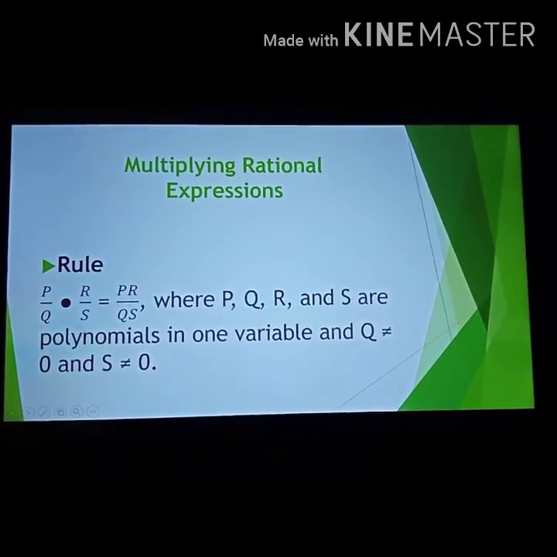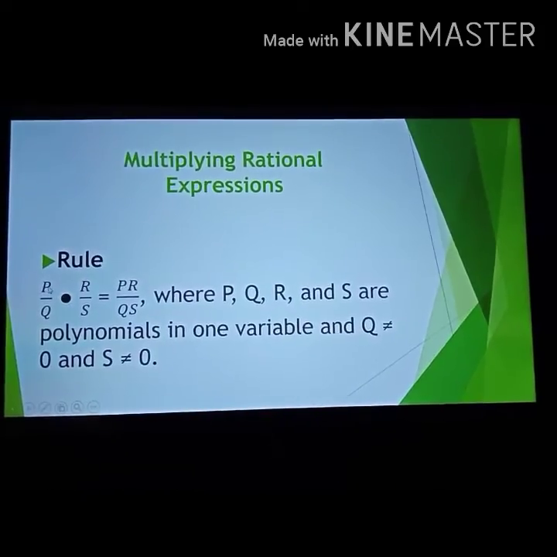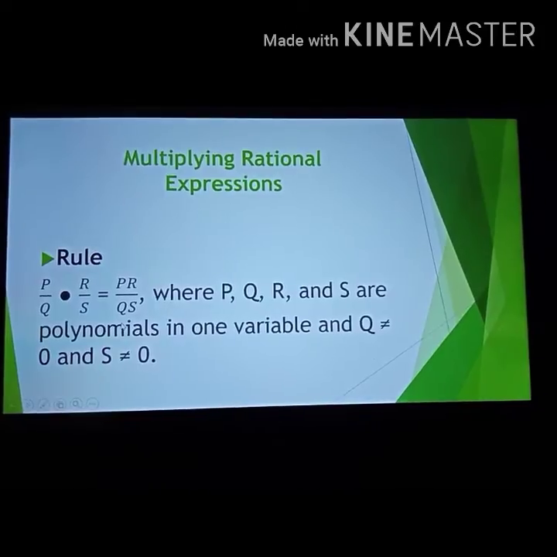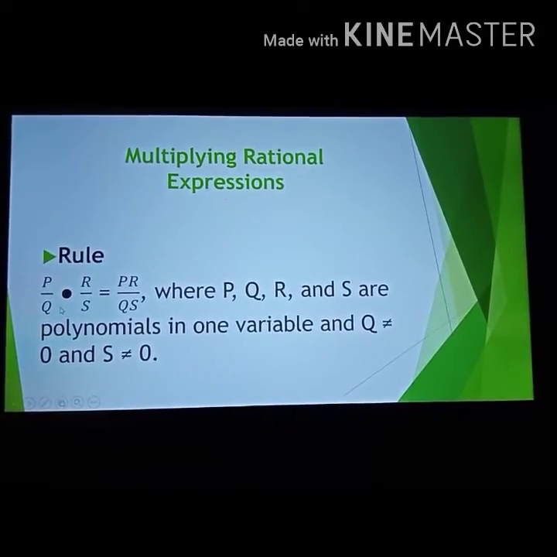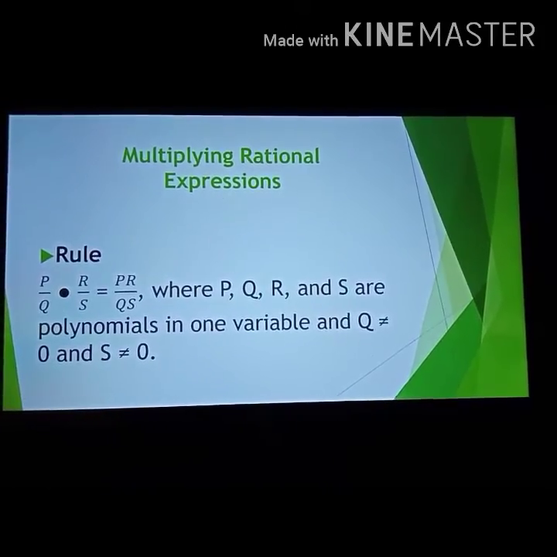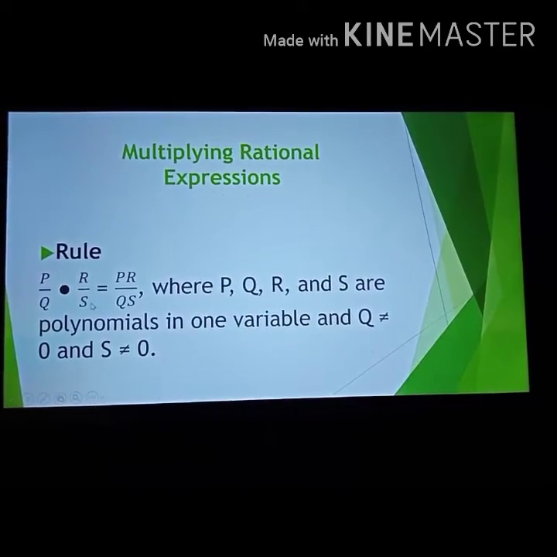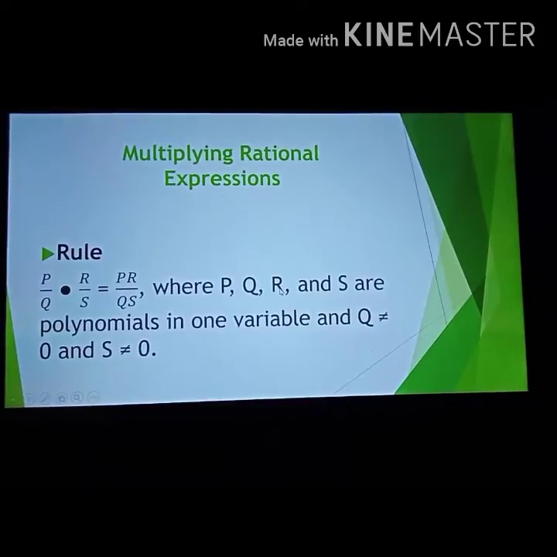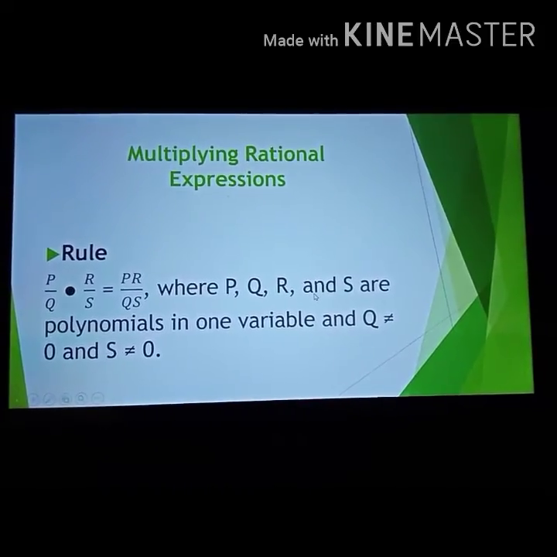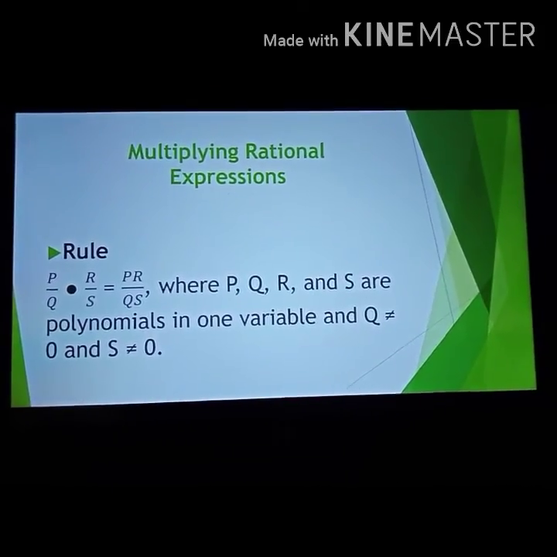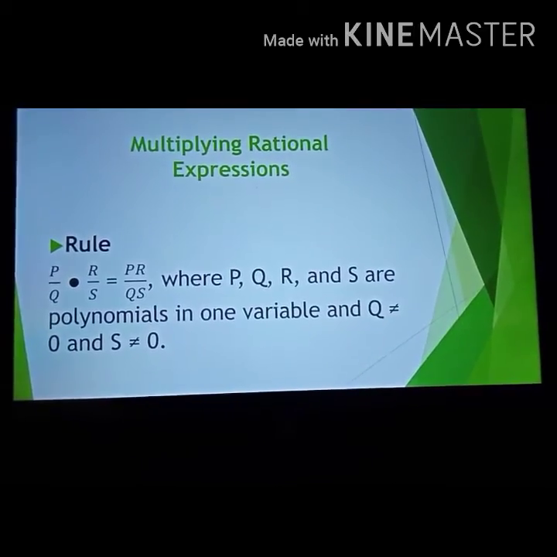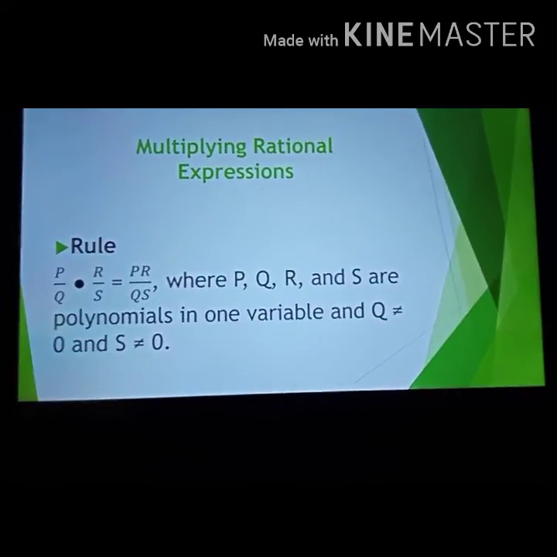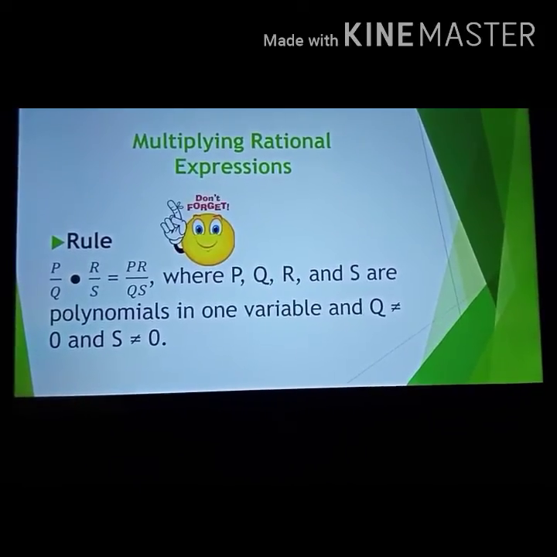The PR came from the numerator P times the numerator R, and the QS came from the denominator Q times the denominator S, where P, Q, R, and S are polynomials in one variable, and Q will not be equal to 0, and also S will not be equal to 0. Don't forget.